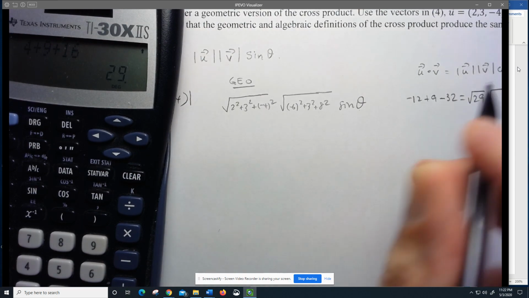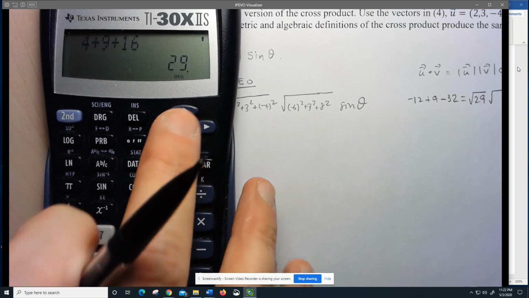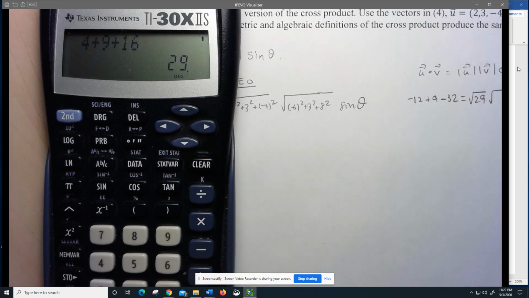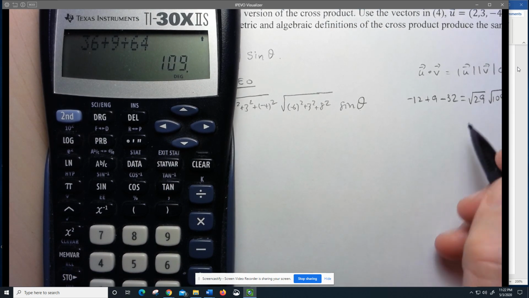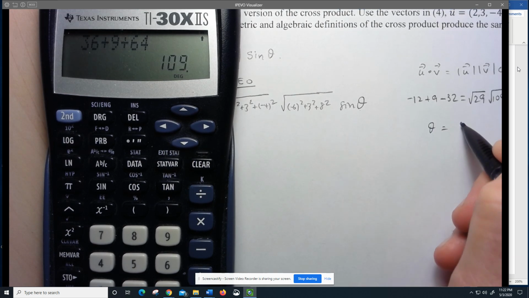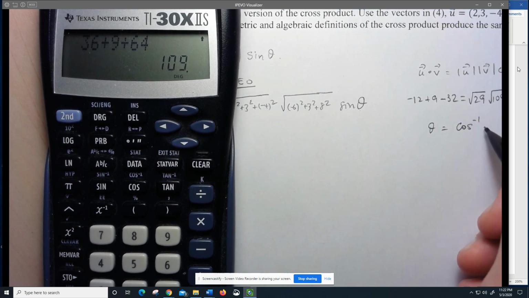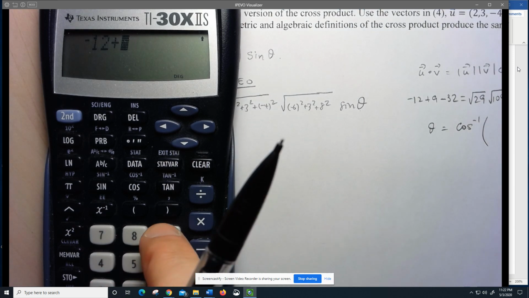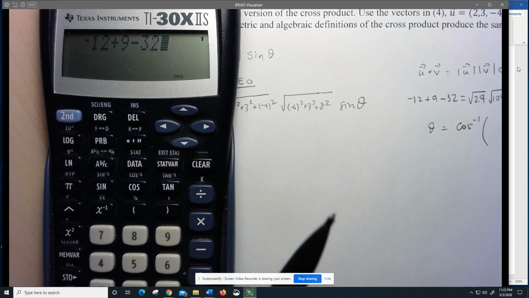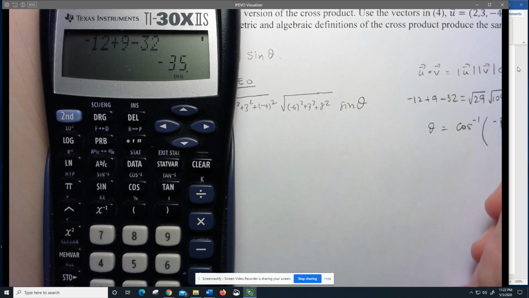Let's do the magnitude of v: 6 squared is 36, plus 9, plus 64, is 109, times cosine of theta. So theta is just going to be equal to cos inverse of negative 12 plus 9 minus 32, which is negative 35, over root 29, root 109.